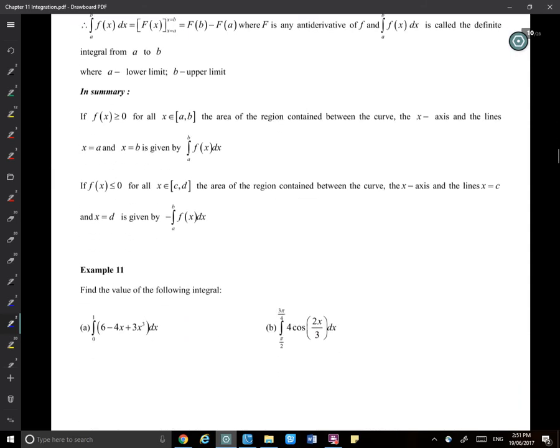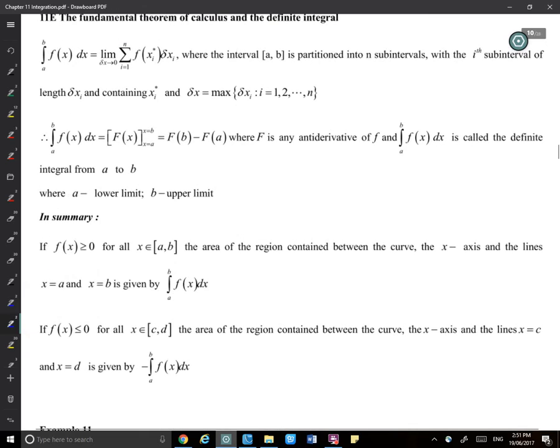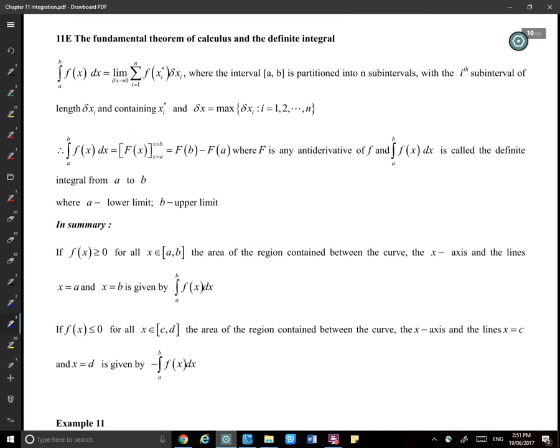Okay, for the next page. You don't need to remember, or even read those two lines. I will explain them to you, because even if you read them, you don't understand what they're talking about. It's very mathematical language to explain the theory, so I will change it into English and explain it to you.